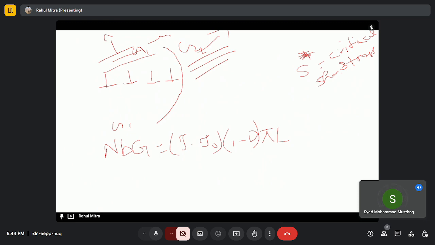We know the shear modulus for metals is equal to 3 by 8, and also shear stress is equal to sigma by 2.